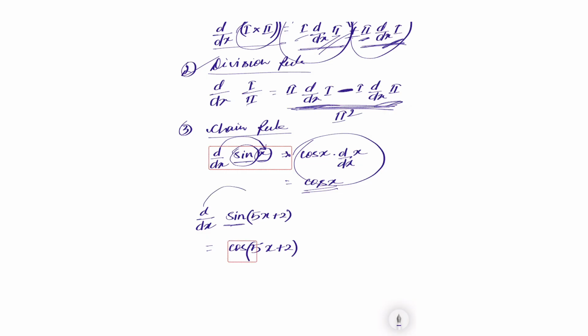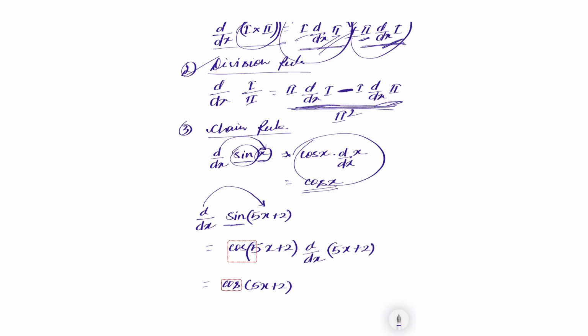Now differentiation will be applied to the second gate, d/dx of 5x plus 2, right? Now the next step will be cos(5x plus 2).